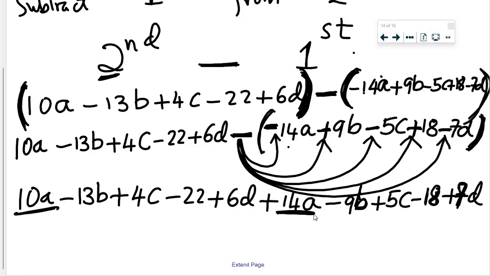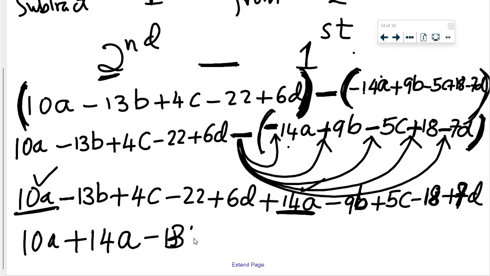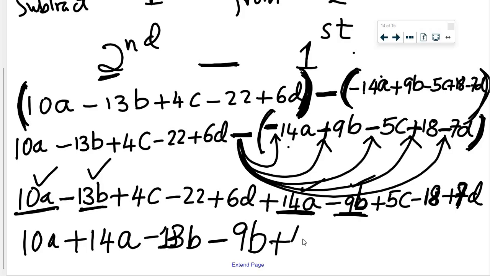When you reach here, collect like terms. 10a, we have 14a, so it will be 10a plus 14a. Then minus 13b, and then we have minus 9b, then plus 4c. Do we have another c?